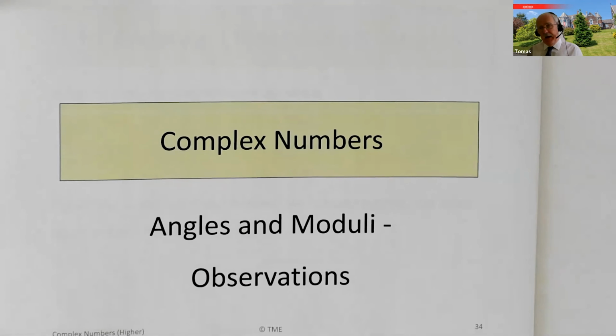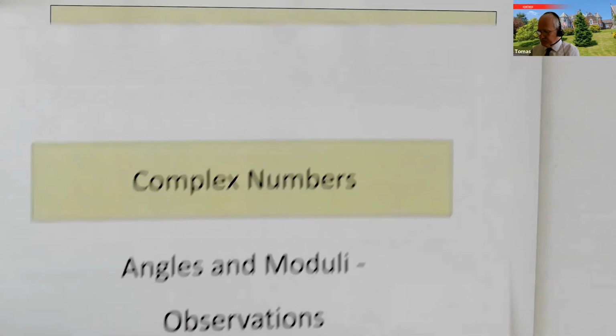Now we know how to add, subtract, multiply, and divide complex numbers, and to use the complex conjugate, and to put them on the Argand diagram and use the polar coordinates. But let's look at an observation as well that's of note.